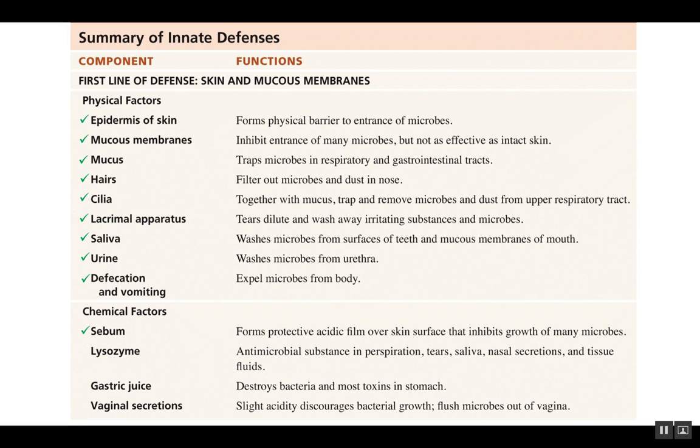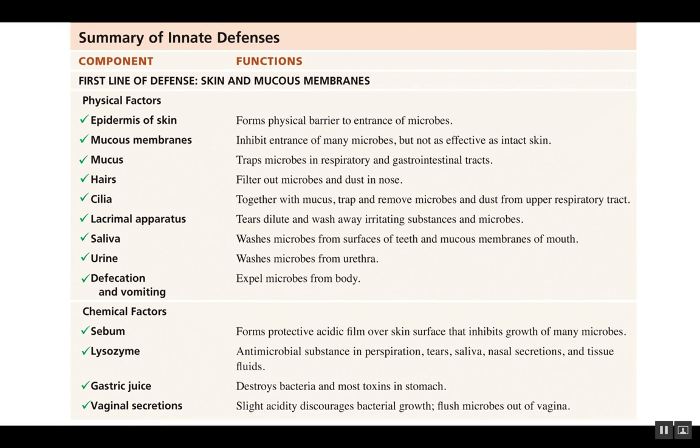Chemical factors like sebum, that's the oily material on your skin, very acidic, helps inhibit growth. Lysozyme is an enzyme that kills bacteria. We've found that enzyme in sweat, tears, saliva, nasal secretions, all kinds of secretions contain lysozyme. Your stomach is very acidic, so it can kill microbes that you ingest daily.